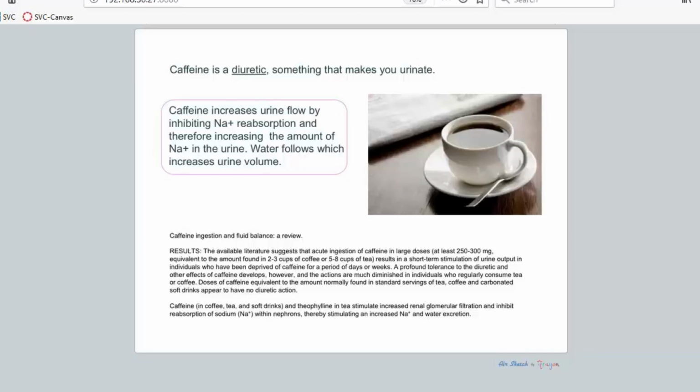Caffeine. Caffeine is a diuretic. A diuretic is something that makes you urinate. And the reason that it's a diuretic is because it inhibits sodium reabsorption. Okay, it prevents sodium from moving back into the blood.